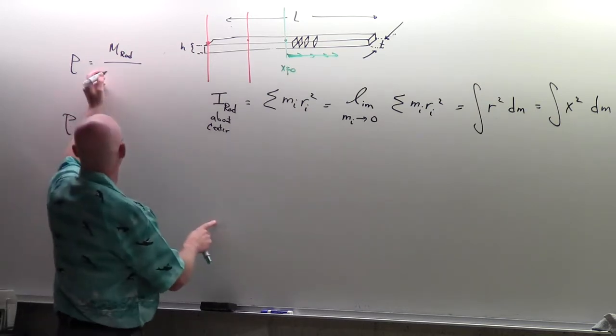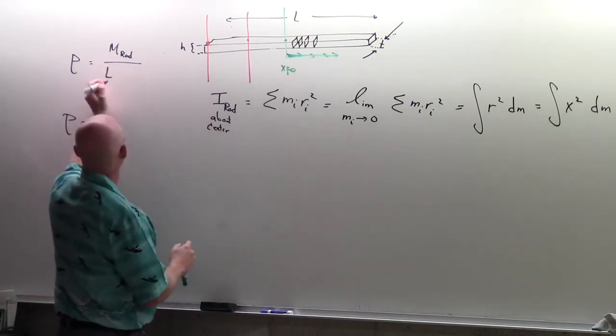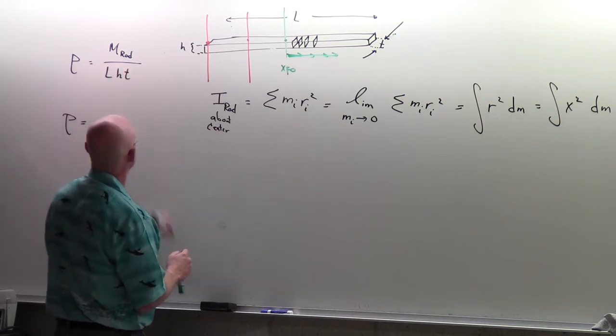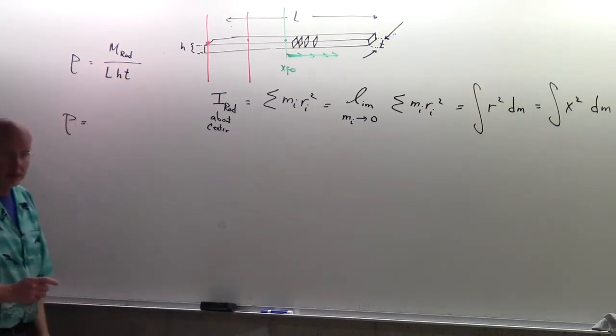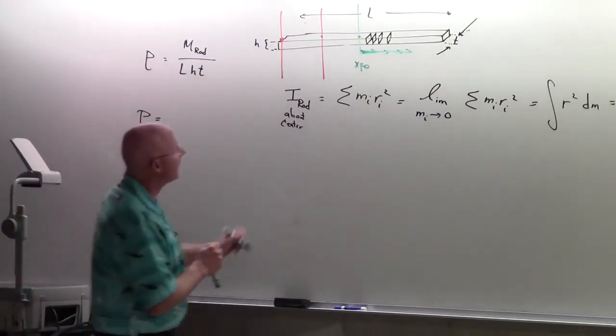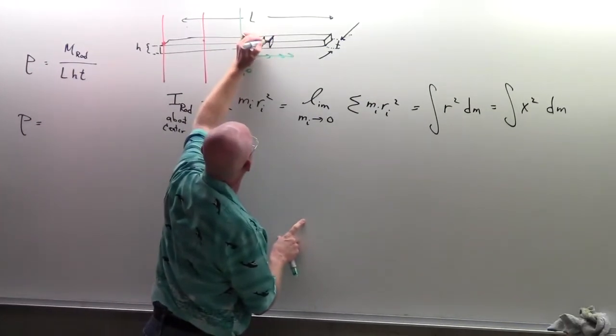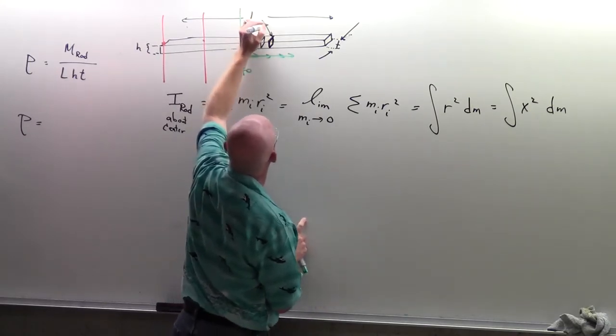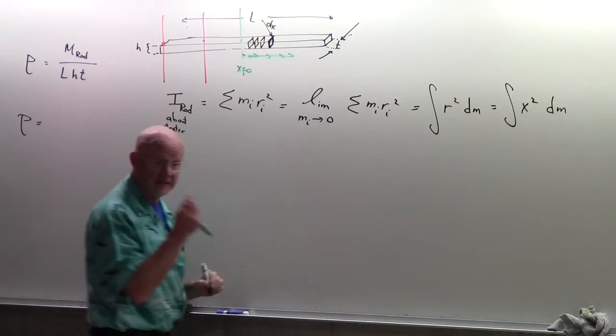Now, if I do the volume of the whole rod, it has length L, it has height H, it has thickness T. So that is one way to think about the density. But it's not the only way. If I look at a little chunk over here, that little chunk has a width of dx.